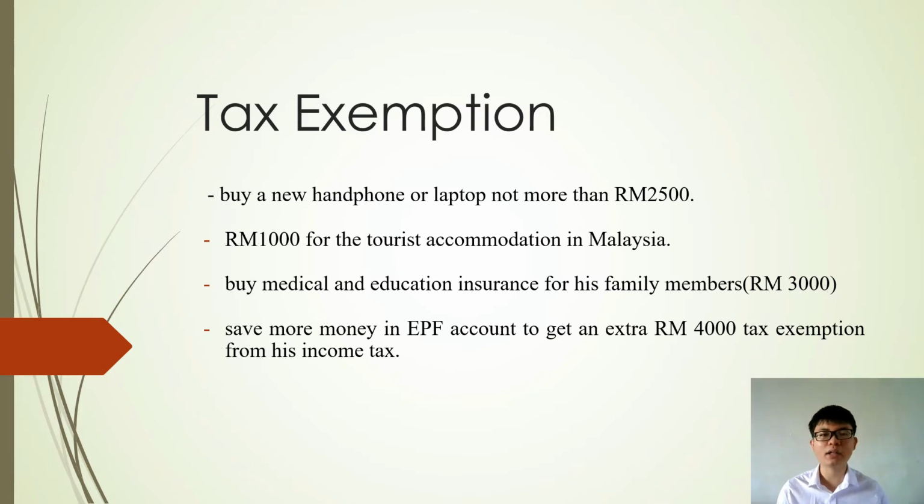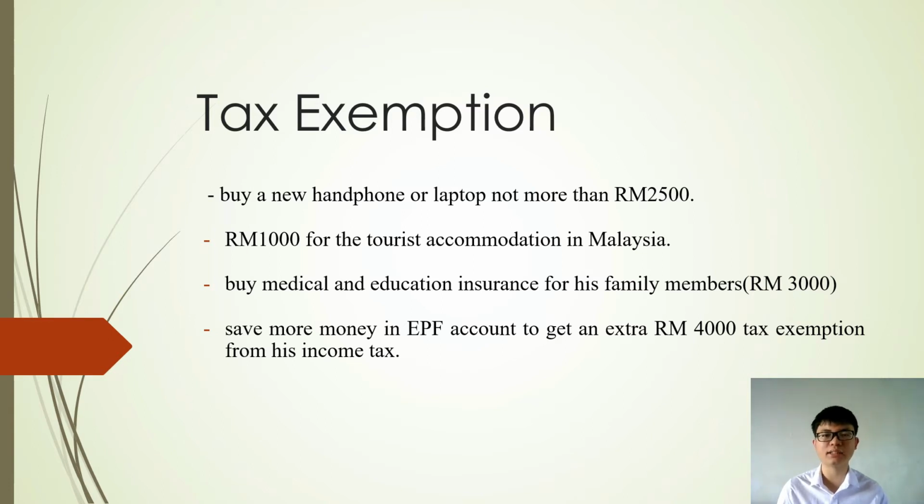Firstly, I would like to suggest Mr. Chow buy a new handphone or laptop which costs no more than 2,500 ringgit. He can receive a tax exemption of 2,500 ringgit for the technology equipment. Therefore, he can buy this handphone for personal use or a laptop for his children's online learning.